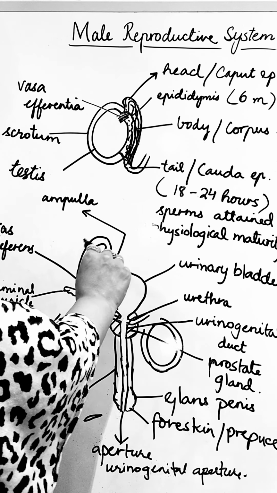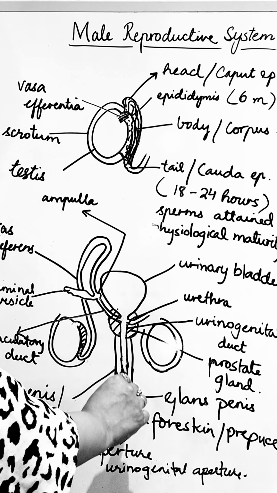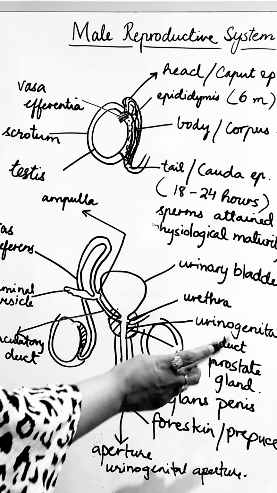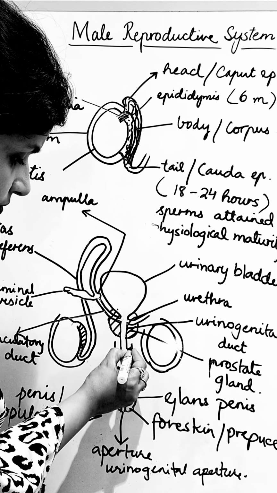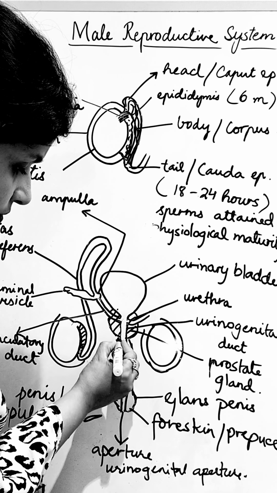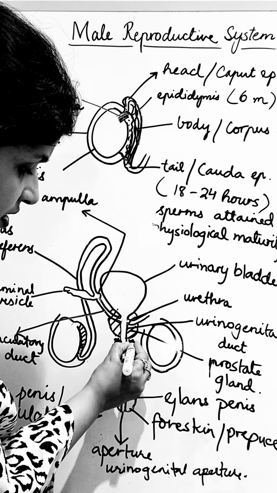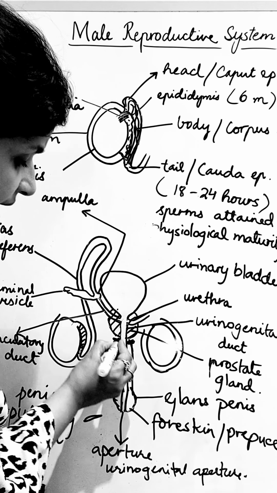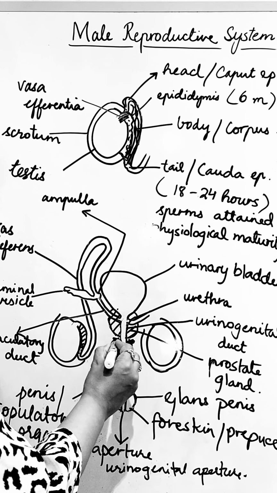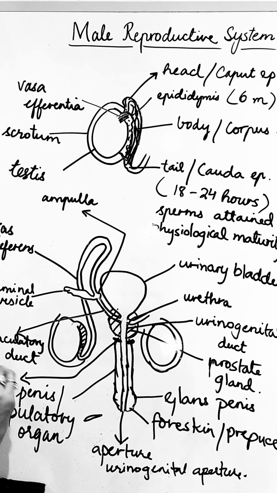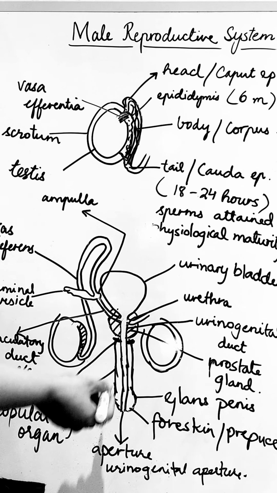So this is the whole pathway of sperm conduction, and these three glands are present here at the base of this. At the base, another small paired gland is present, which is known as Cowper's gland or bulbourethral gland.